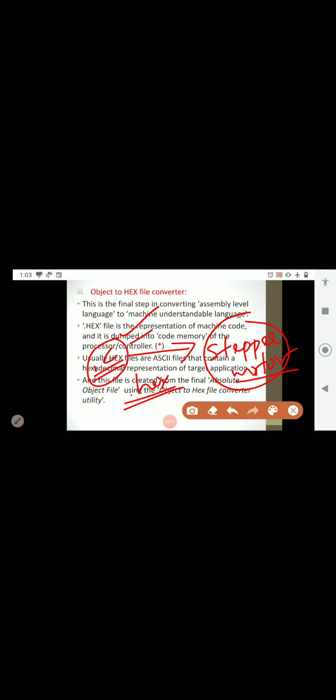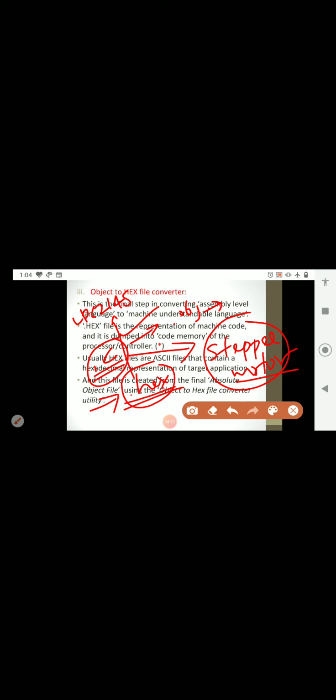We have written the programs in .c extension files, and we are going to convert them to .hex. How are we going to convert that? The .c file is converted to a .obj file, and this .obj file is converted to an absolute object file, and that absolute object file is given to the object file to hex converter. That will generate a .hex file, and this .hex file we are going to dump onto the target processor. What is the target processor we are using?